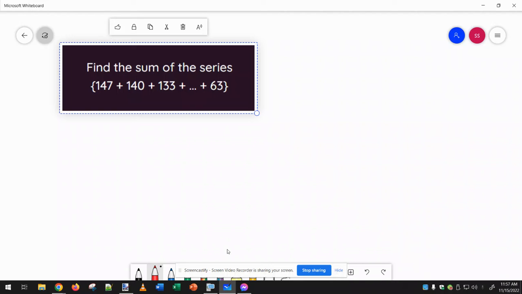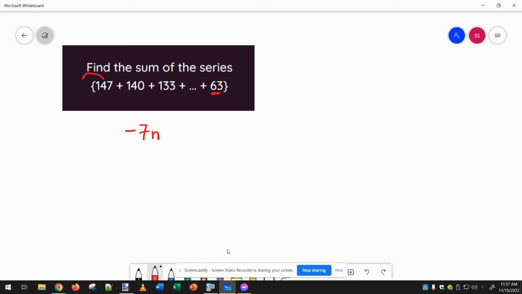Okay, for a problem like this where we don't know what term this is, you can either try to set up an equation and find out what it is, or I think it's a bit easier to just realize we're going down by 7, so then our slope's going to be -7.